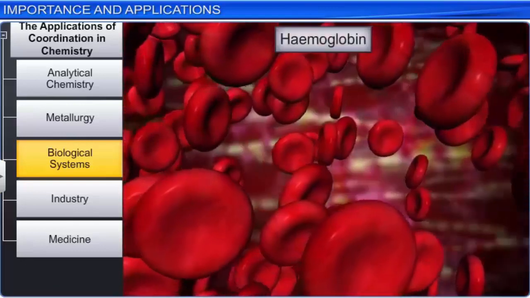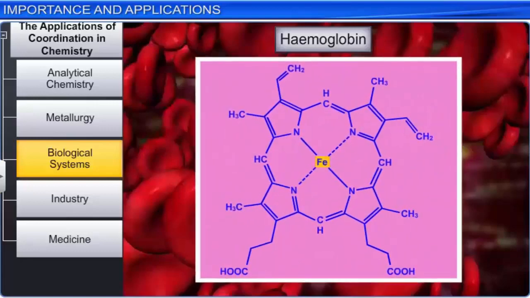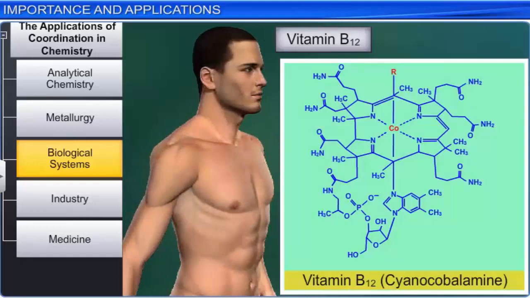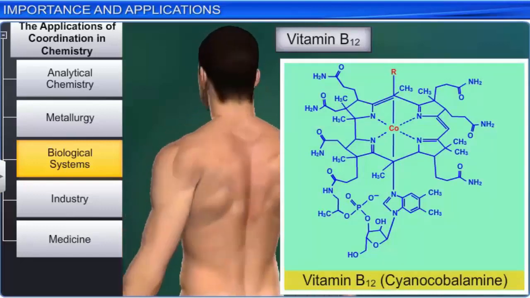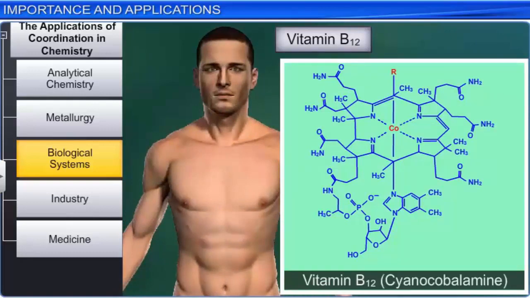Hemoglobin, the red pigment of blood that acts as the oxygen carrier, is a coordination compound of iron. Vitamin B12, cyanocobalamin, the anti-pernicious anemia factor, is a coordination compound of cobalt.